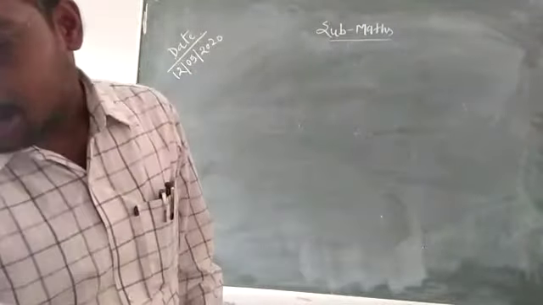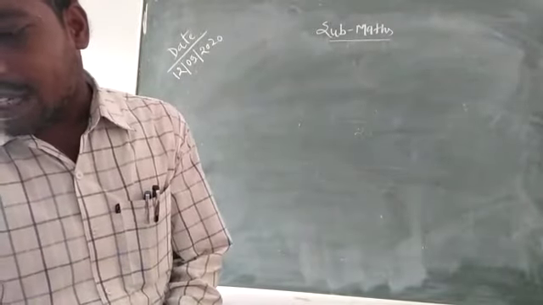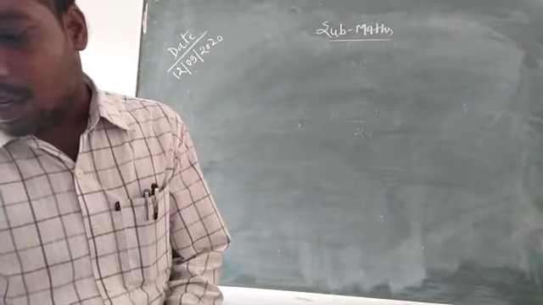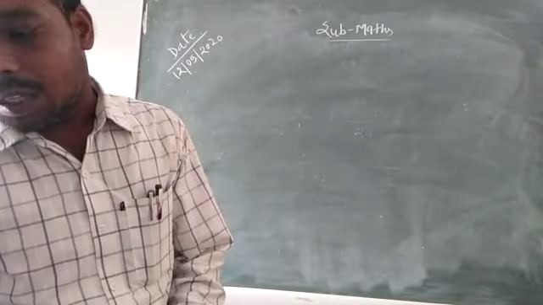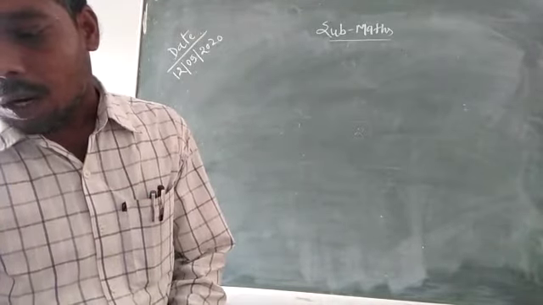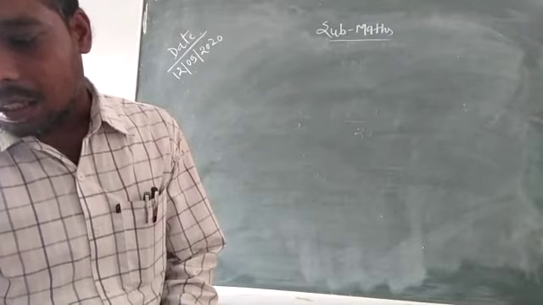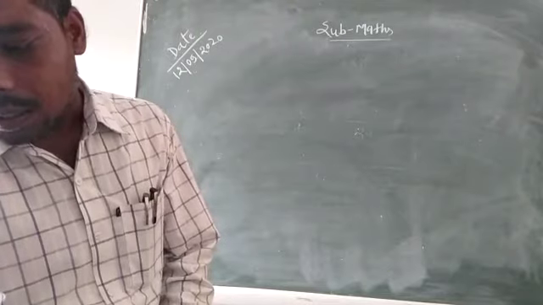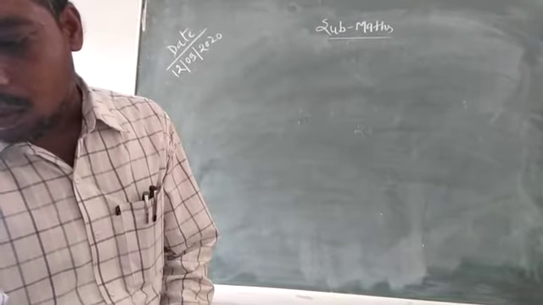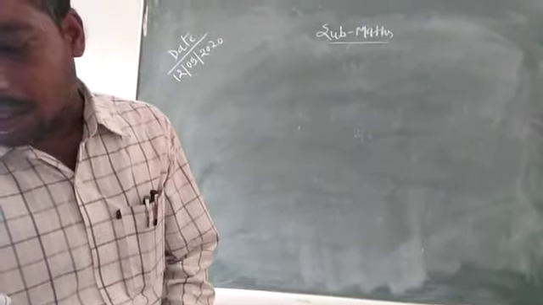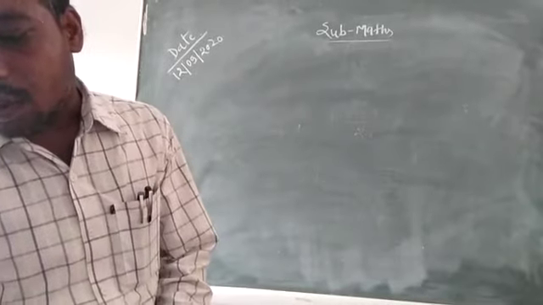Question number 20 is given: 1 plus cos A minus B. Now let's see question number 21.